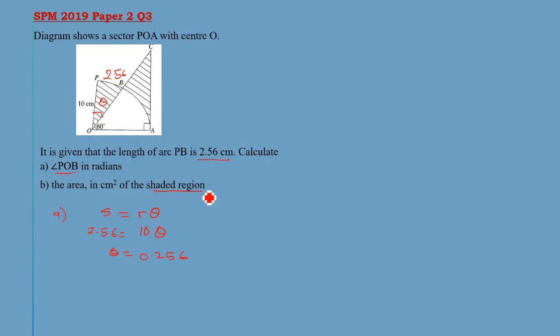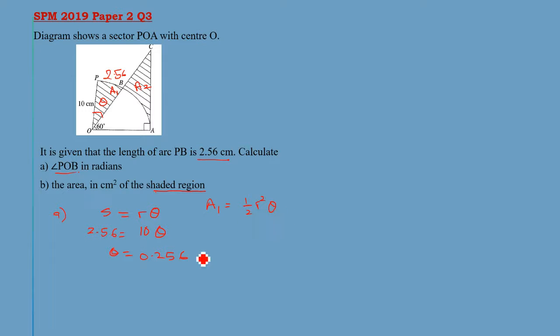Okay, now the next part is going to be difficult. They ask you to find the area of the shaded region. There are two regions here. So let's say I call the first one A1 and the second one A2. Let's find A1 first. So A1, the region here, use your formula half r squared theta.